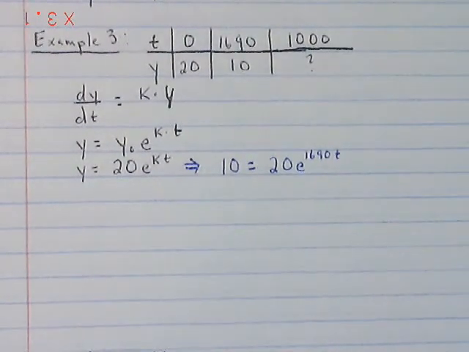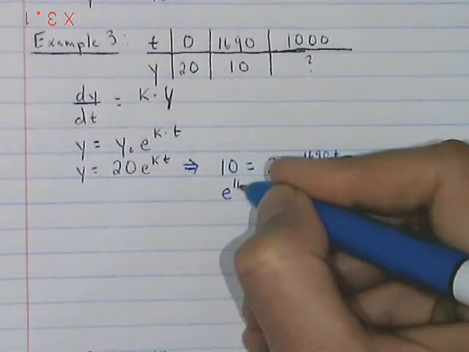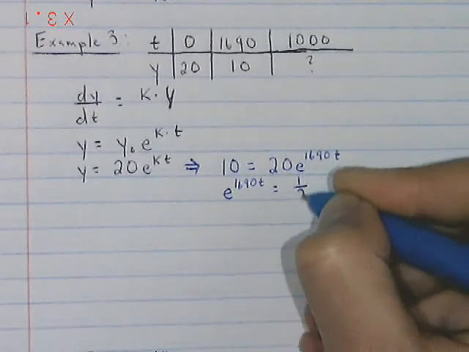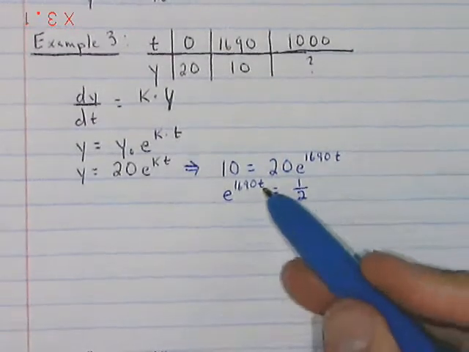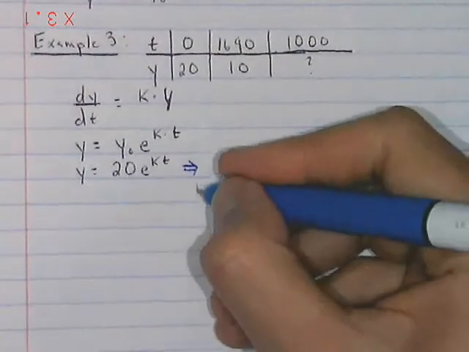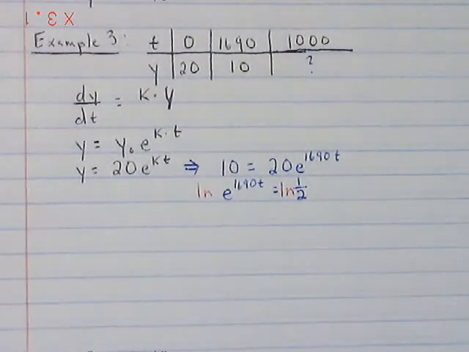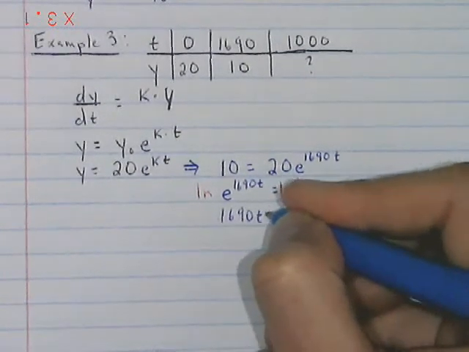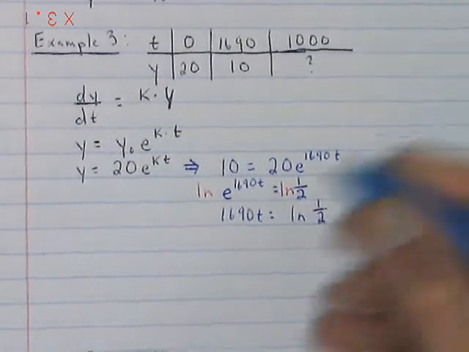Dividing both sides by 20, get that e to the 1,690 t is equal to 1/2. Our unknown is an exponent, so we need to bring it down. Hit both sides with the natural log. So we get that 1,690t is equal to the natural log of 1/2.